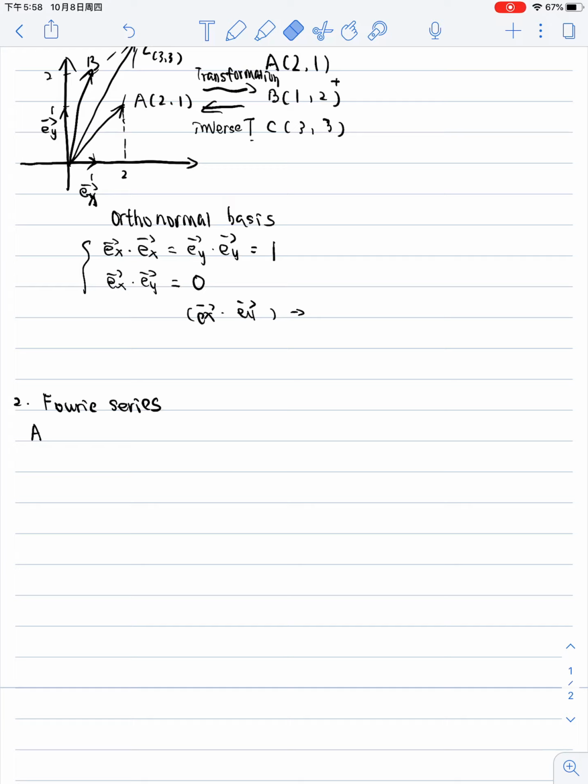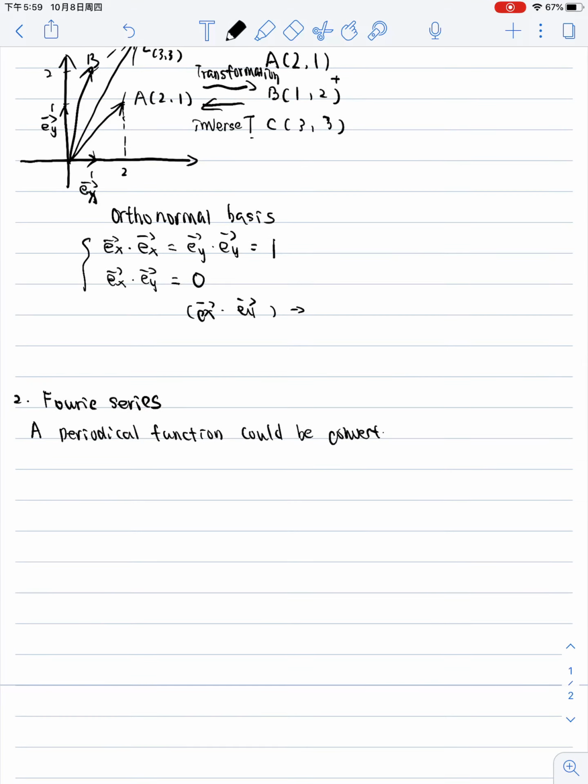periodic function could be converted to the summation of a series of sinusoidal or cosinusoidal functions.